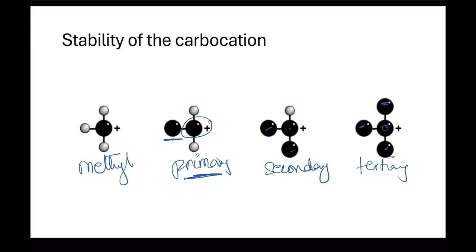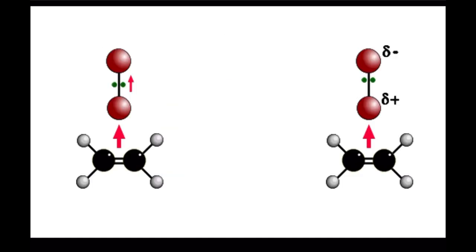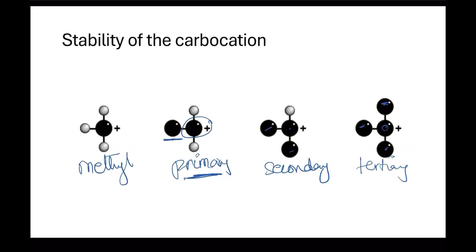Now, because this is attached to three others, and it's tertiary, this positive charge is basically stabilized by these carbons that are attached to it, because they sort of push their electrons towards the central carbon, right? So they're giving it all the support it needs.